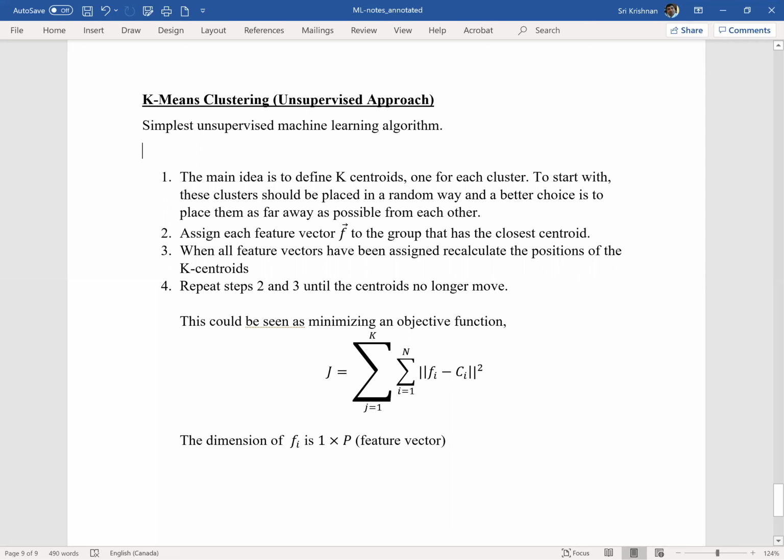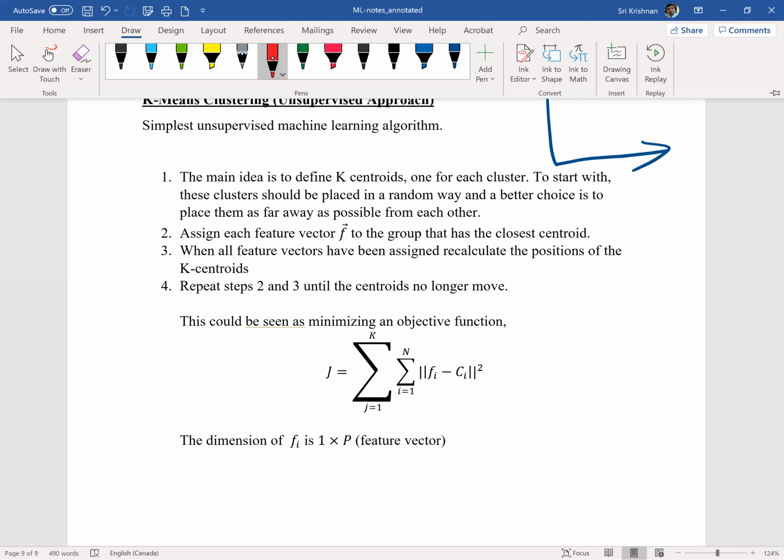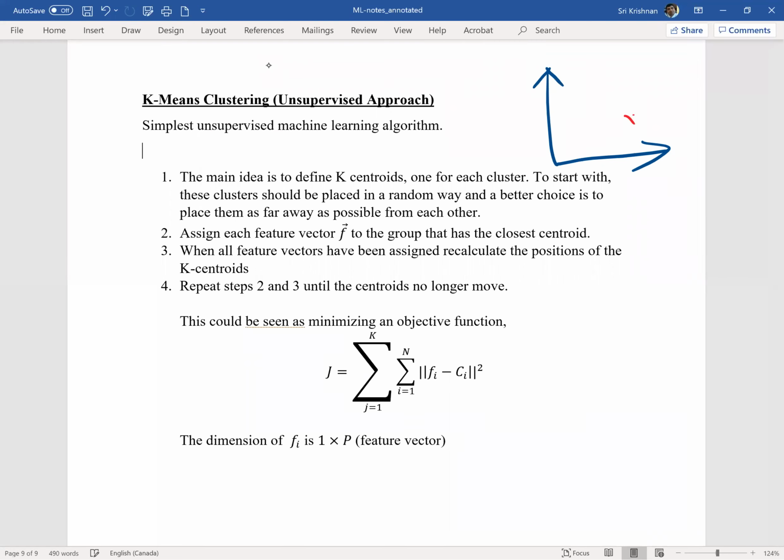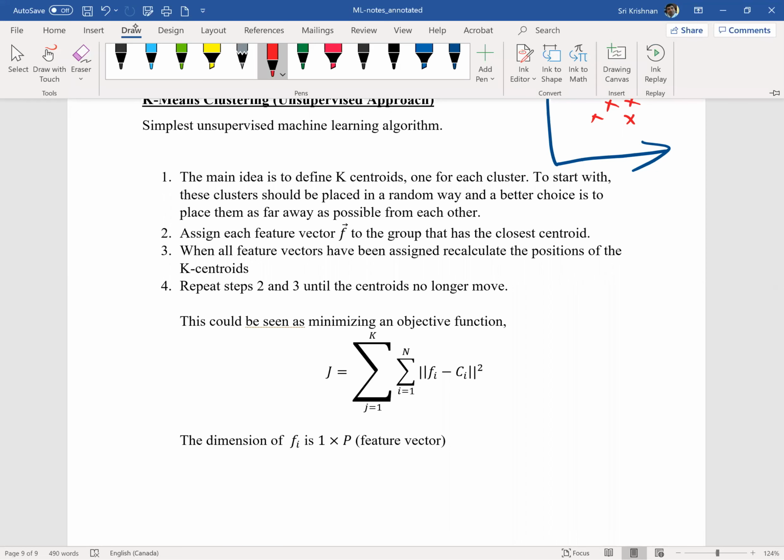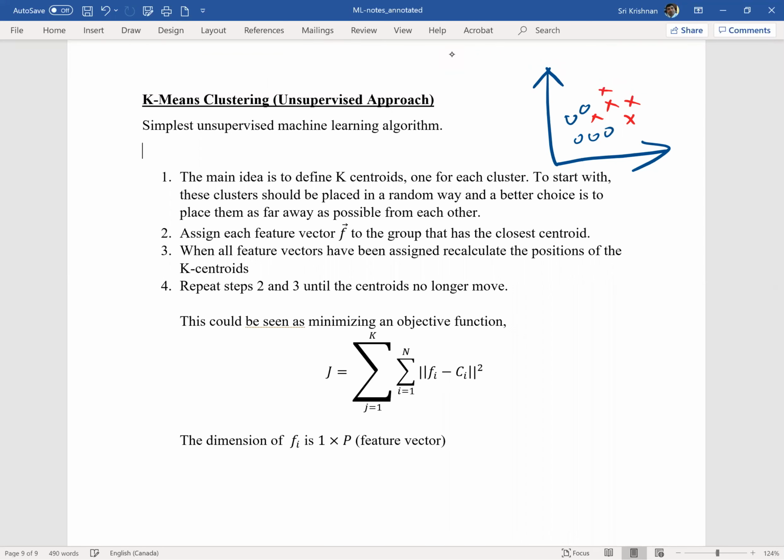You would plot the features in a scatter plot. Let me take an example here. Let's assume some red guys and some blue guys. Just for convenience, though we don't know the labeled information, like we don't know which is red and blue to start with, I'm marking them for explanation convenience.